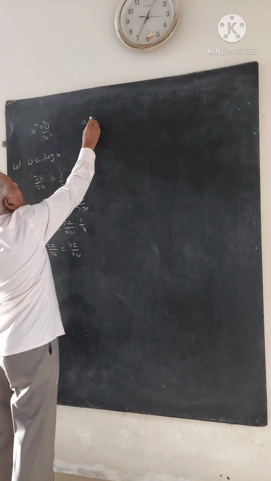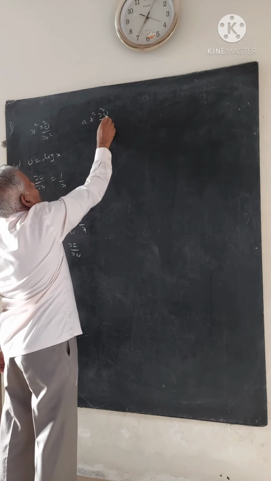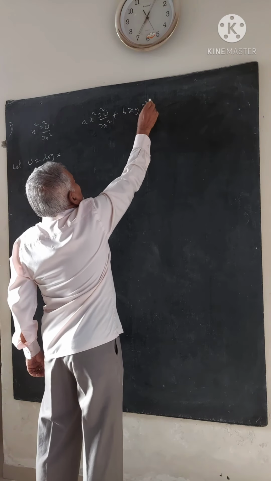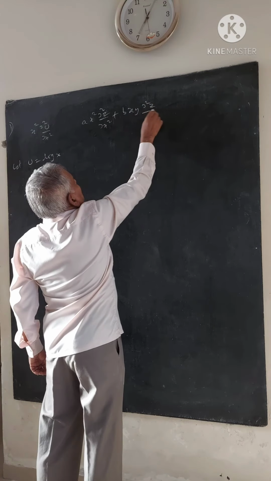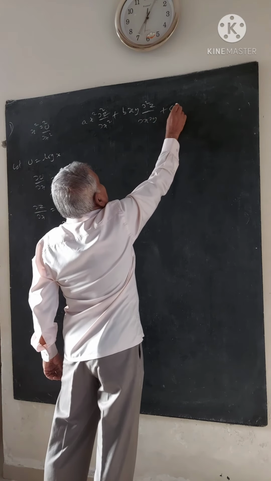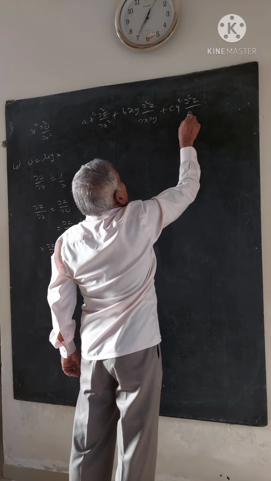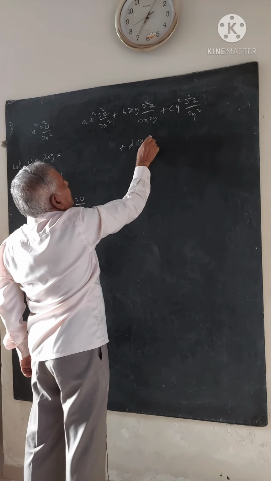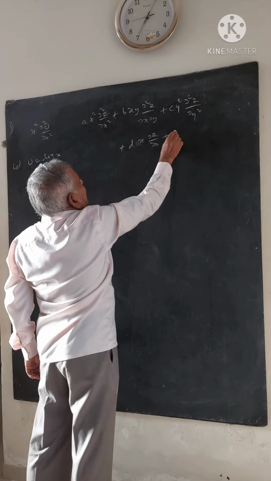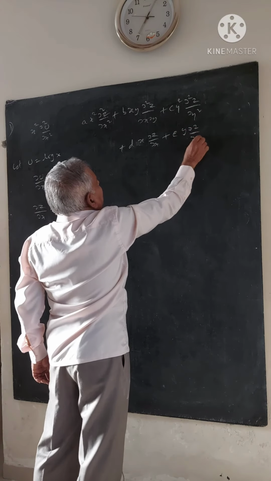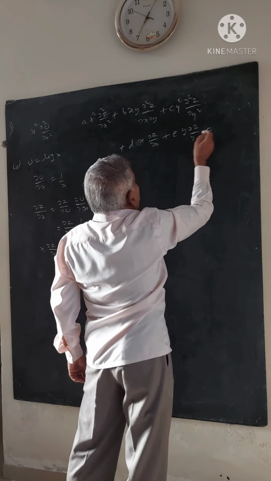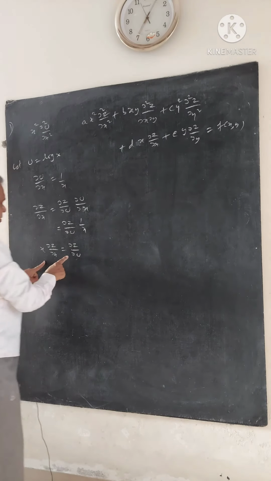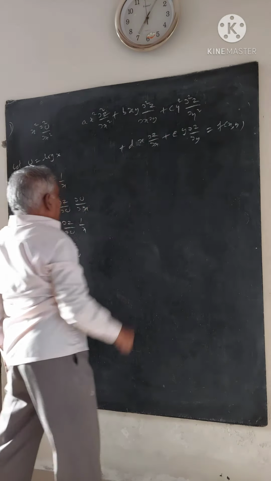The PDE with variable coefficients may be like this: a x² ∂²z/∂x² plus b xy ∂²z/∂x∂y plus c y² ∂²z/∂y², sometimes d x ∂z/∂x, e y ∂z/∂y. Single derivatives also would come in the sum, plus f of x, y, where a, b, c, d, e are constants.